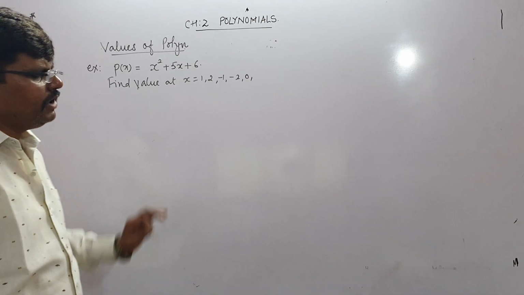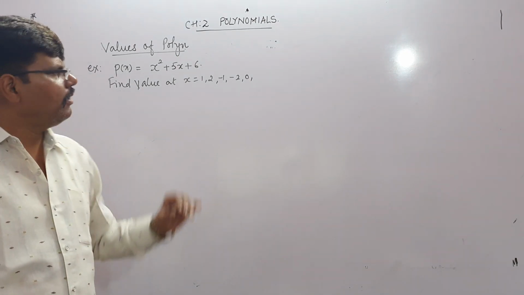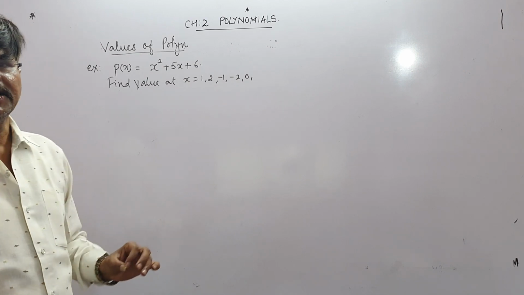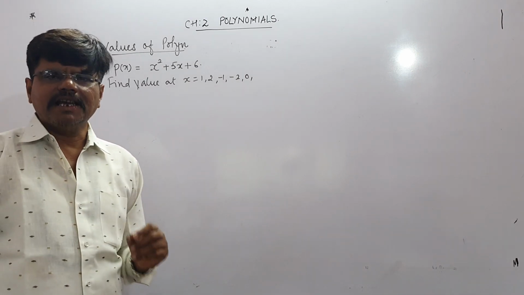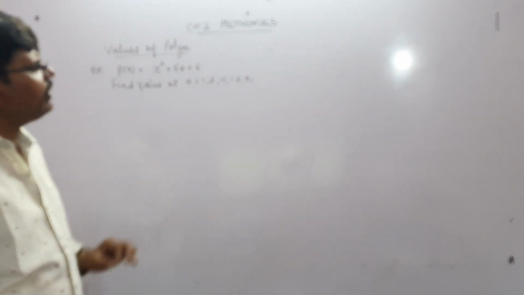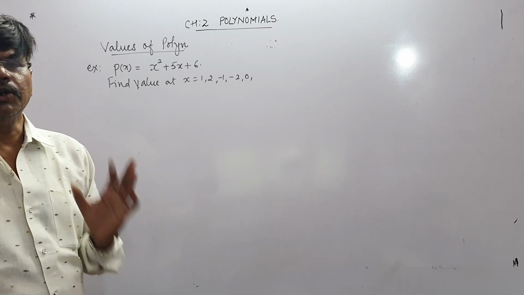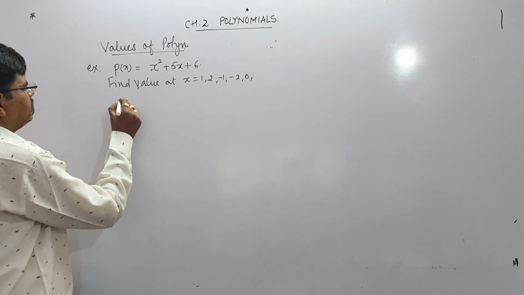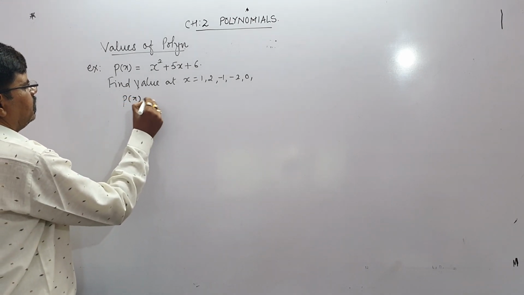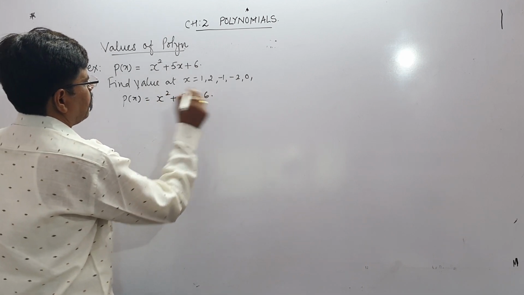What we have to do here is a very simple thing. If the polynomial given to you is in the variable x, then wherever you find x, you have to put that particular value. As an example, say p of x is equal to x square plus 5x plus 6.